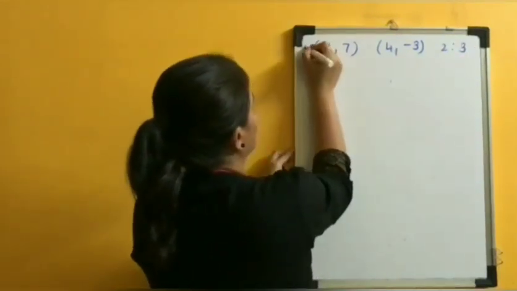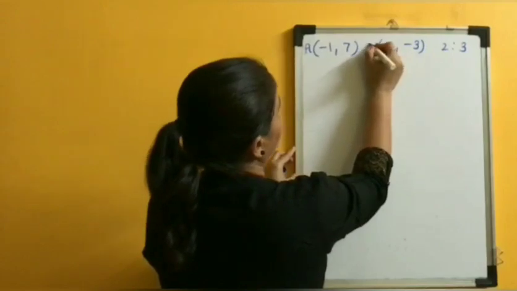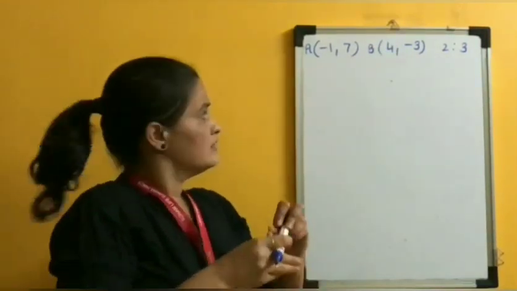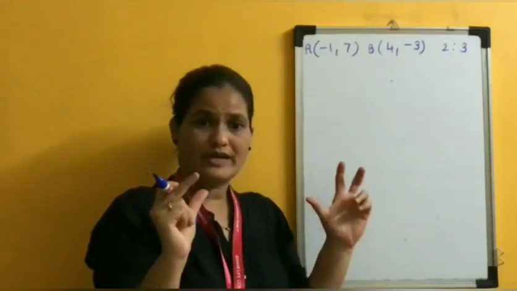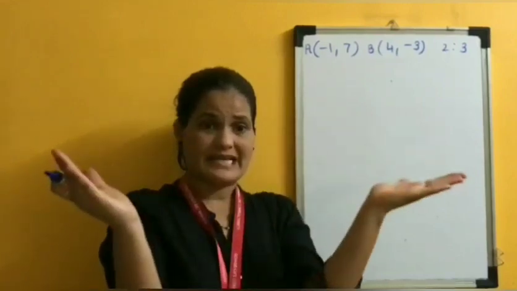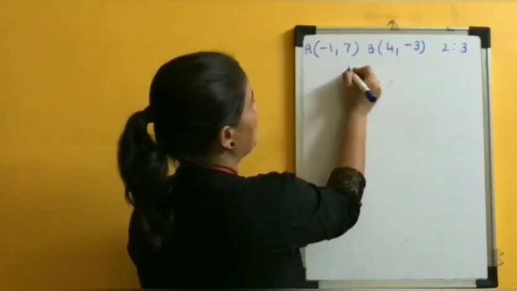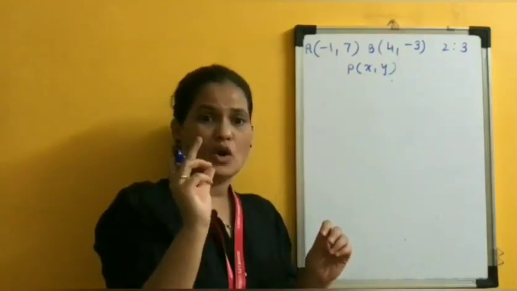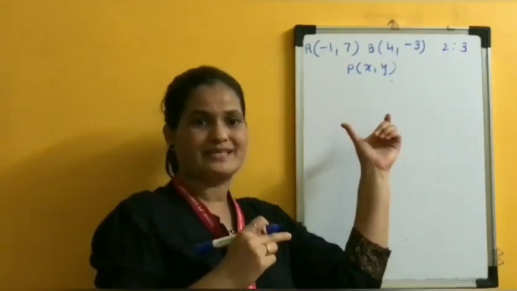Now see, let us assume this point as A and this point as B. We have to find the coordinates of the point which is dividing this line segment. So let us assume that point as P(x, y).